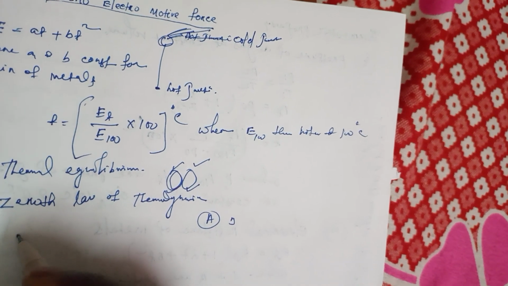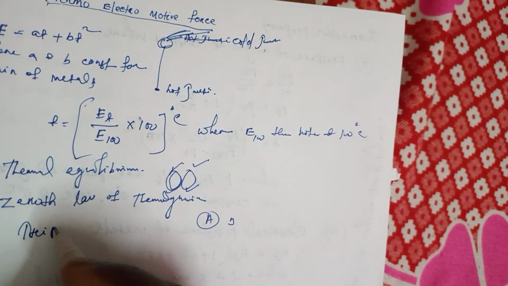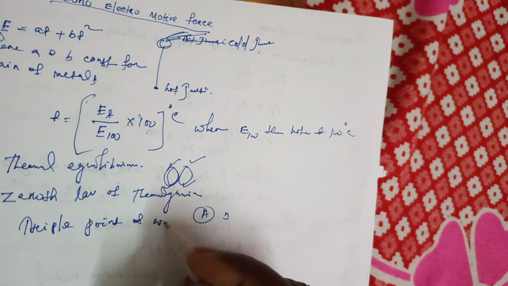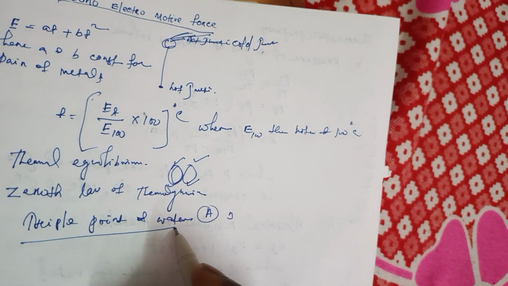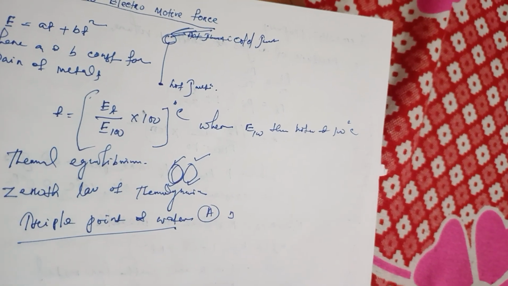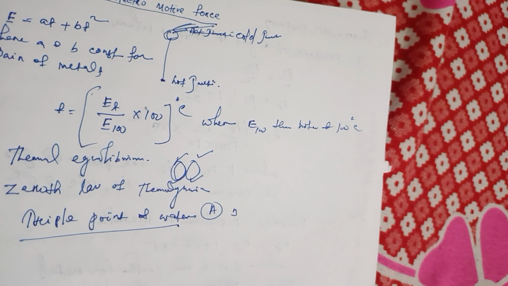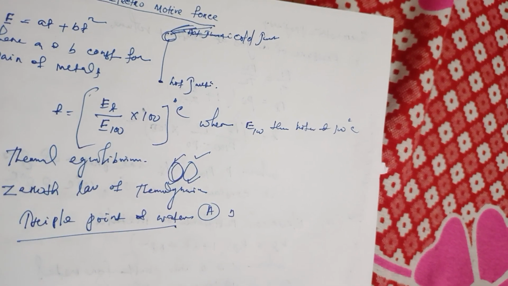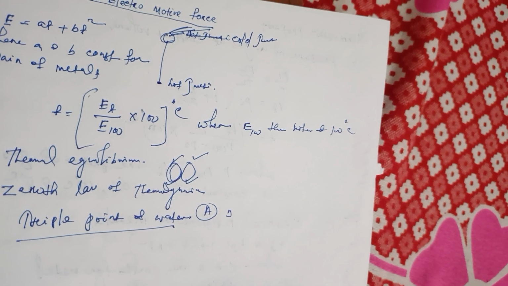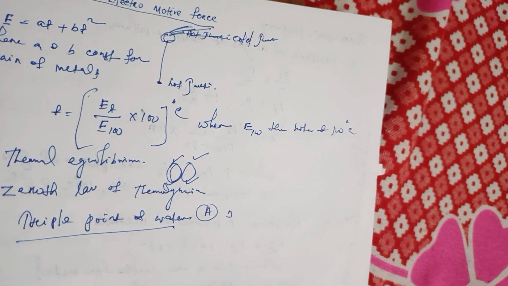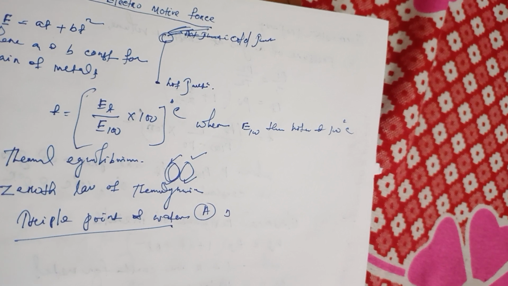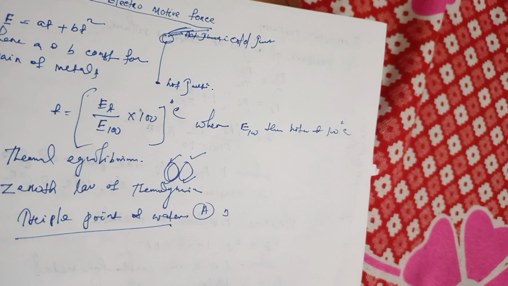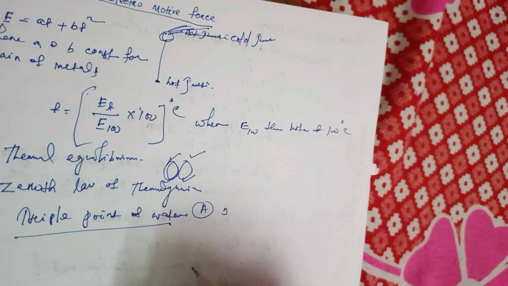Triple point of water. The value of pressure and temperature at which water, ice and water vapor coexist in equilibrium in all three states of matter is called the triple point of water.